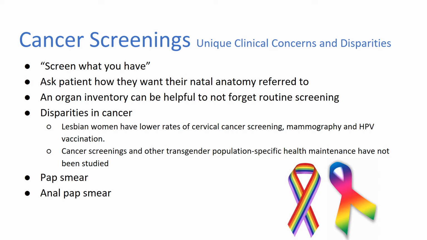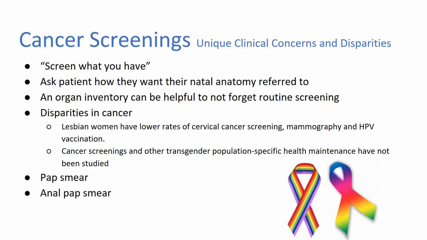Anal pap smears are also a component of cancer screenings for anal cancer. The anal canal is made up of cells that can be infected with HPV and cause anal cancer. Similar to the cervix, you can detect dysplasia in early stages with cytology. Anal cancer rates in the US have been going up about 2% per year, in particular with HIV-infected individuals.